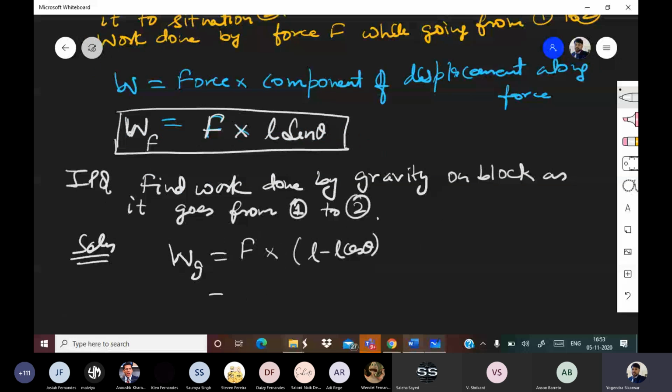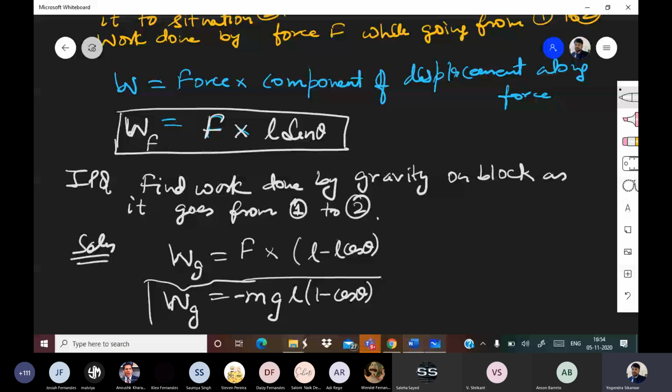You are making mistakes in such an easy question. You are not able to understand such an easy question. This is extremely bad. You don't even draw the diagram before giving the answer. Displacement was not L cos theta, it was L minus L cos theta.